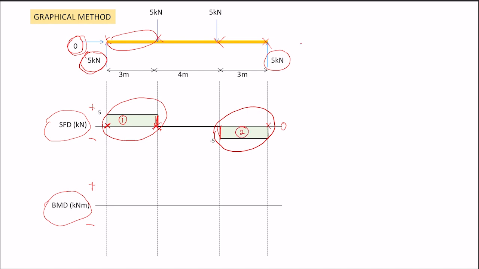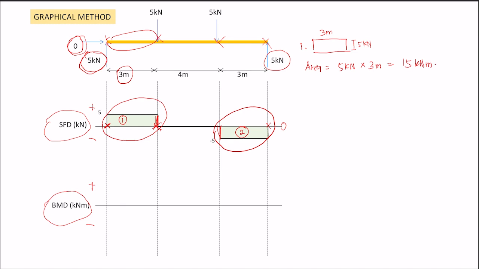Rectangle number 1 is 3 meter in width and the height is 5 kilonewton. You can calculate the area by 5 kilonewton times 3 meter, which becomes 15 kilonewton meter.